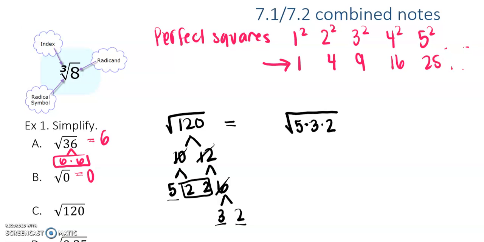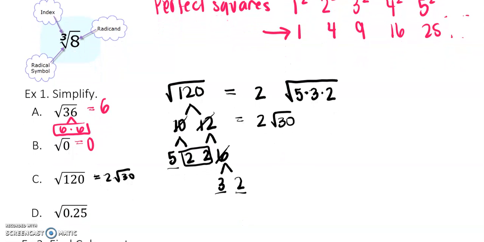Whatever has a pair goes outside, but remember, for each grouping you only take one of those out. Then you just simplify. So 5 times 3 times 2 is going to be 30. So this is 2 rad 30.